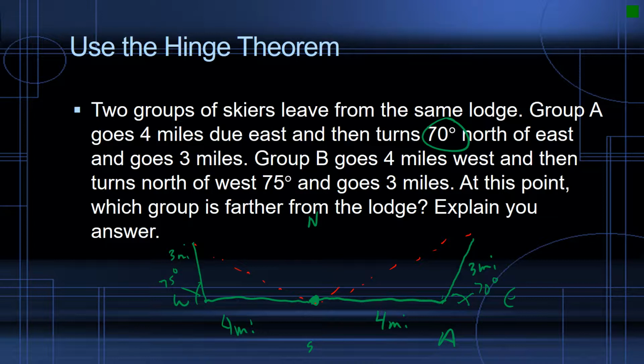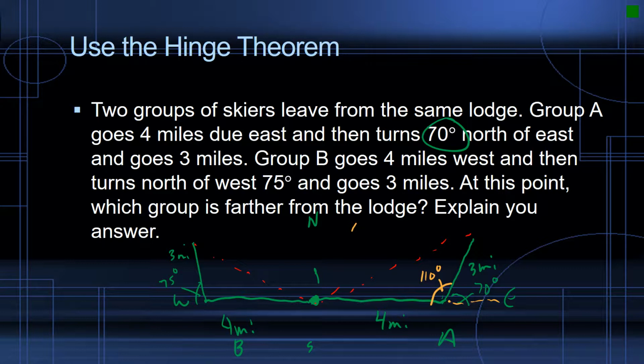Now, I got to think about these exterior angles because it's the interior angle that I got to come up with. But if this angle is exterior to this angle, then those two have to be supplementary, don't they? And here's our exterior angle out here. So this interior angle then must be 180 less 70, or 110 degrees.